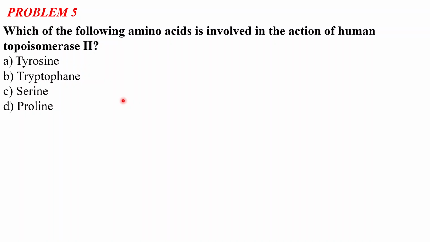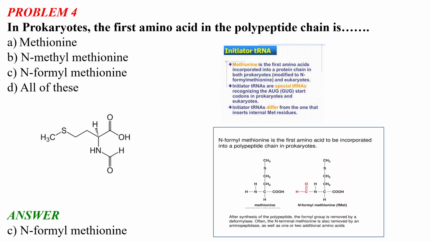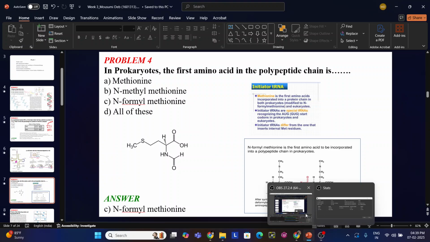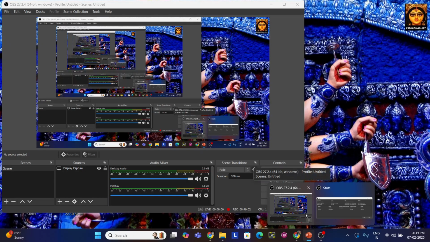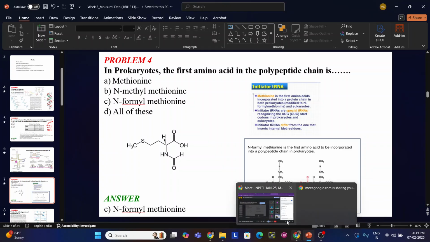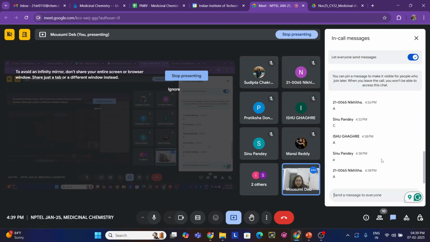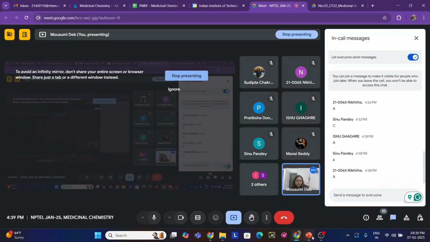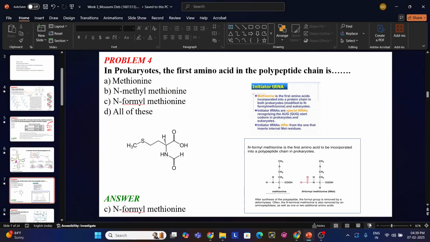Let me check the chat box. Okay, so I have received quite a few answers. I think A is the only option which I have received as the answer to this question. So let me check if A is the correct one or not.